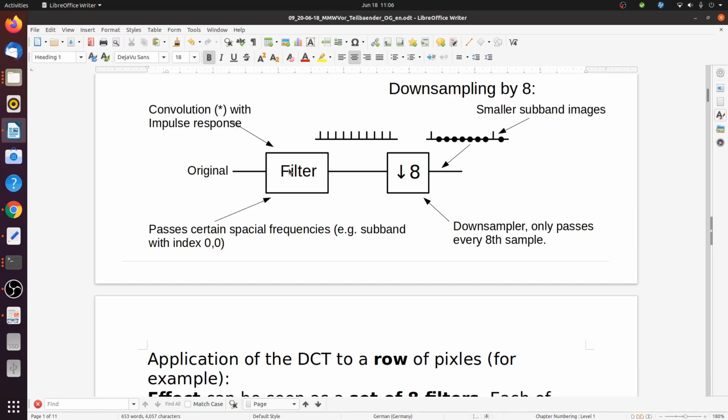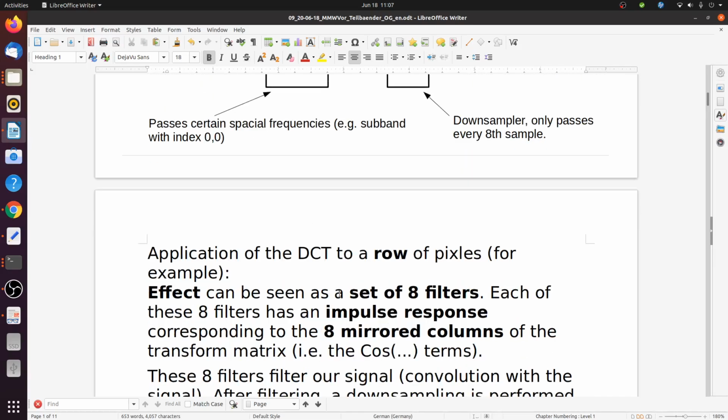We remember we have x times cosine, and for convolution we have x times the impulse response, and then we have the indices of our x and our n impulse response running reverse, and in the transform it's not reversed, so that's why here we get the impulse responses by just mirroring the columns.